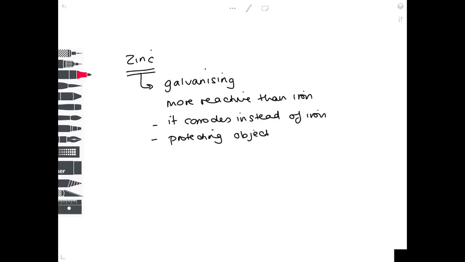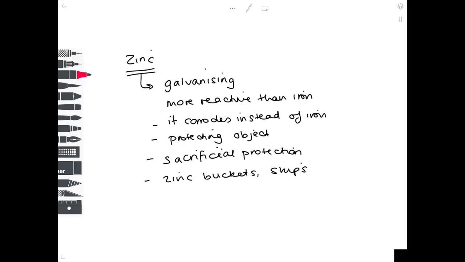And we call this sort of protection sacrificial protection. And places you find galvanizing are things like zinc buckets, and on the side of ships, you'll see zinc blocks.